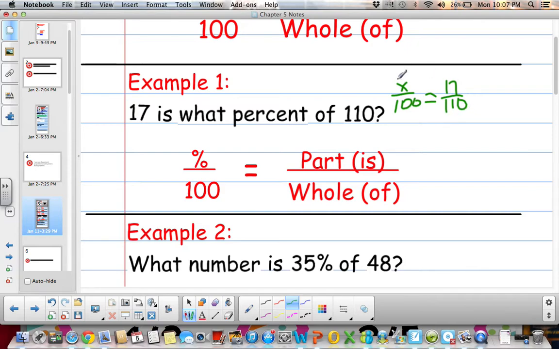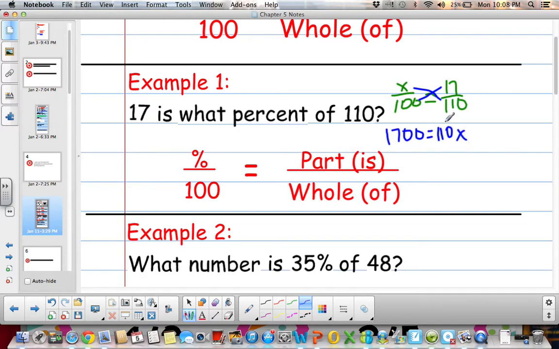And now we are going to solve this as a proportion. So if you remember, you multiply cross products. So we have 100 times 17, which is 1700, equals 110 times x.